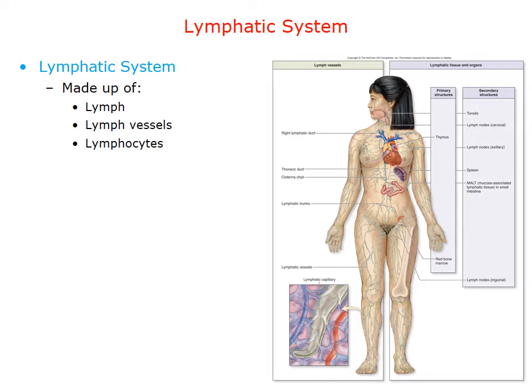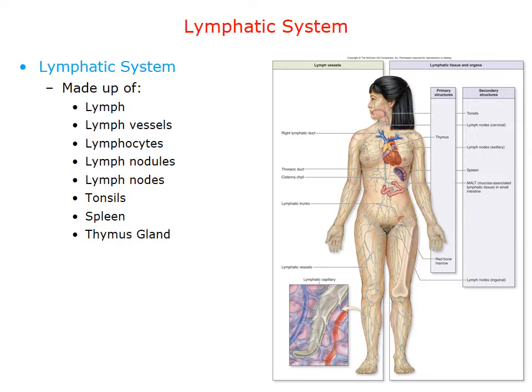We talked about these somewhat when we talked about blood, but we'll also be coming back to these again when we're talking about the immune system. Lymph nodules, lymph nodes, tonsils, the spleen, and red bone marrow, along with the thymus gland, are also important when we're talking about this system.